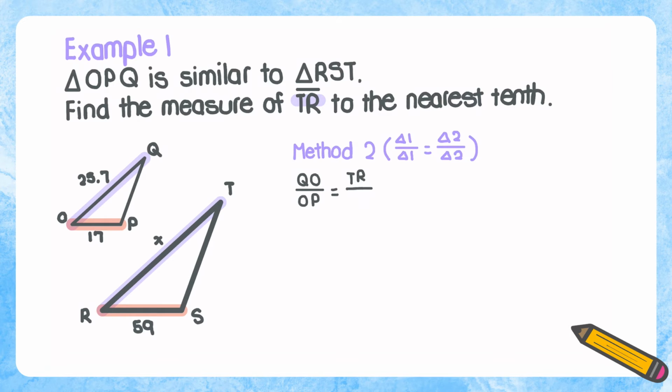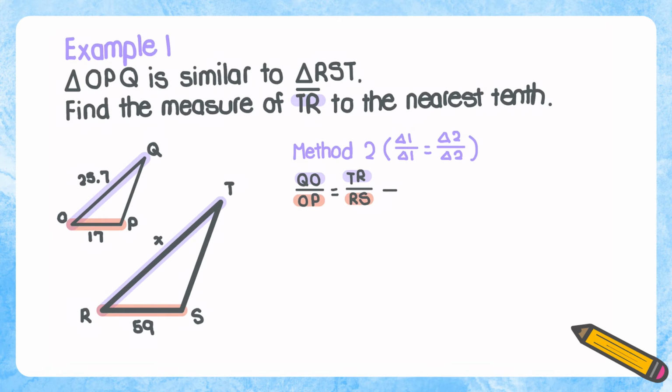And then side TR over side RS, the sides from the second triangle. So here's some color coding. Notice how the corresponding sides are now across from each other. So side QO and side TR, as well as side OP and side RS.